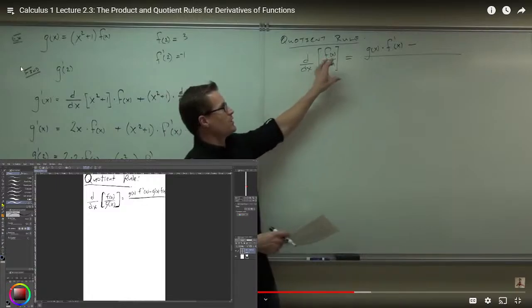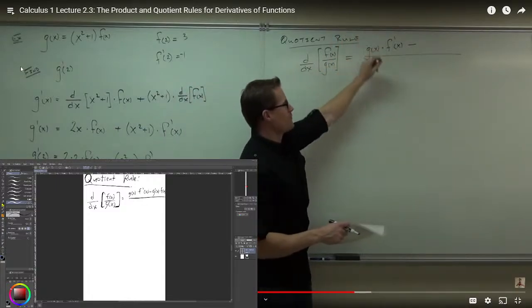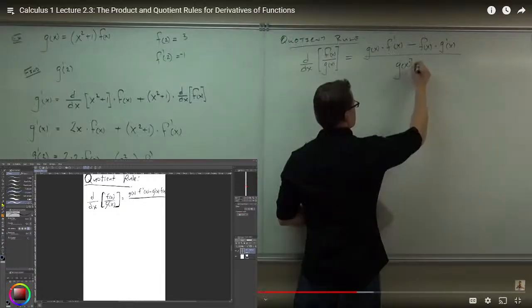So the low function times the derivative of the high function minus the, or what I do, high function times the derivative of the low function, all over the bottom squared.